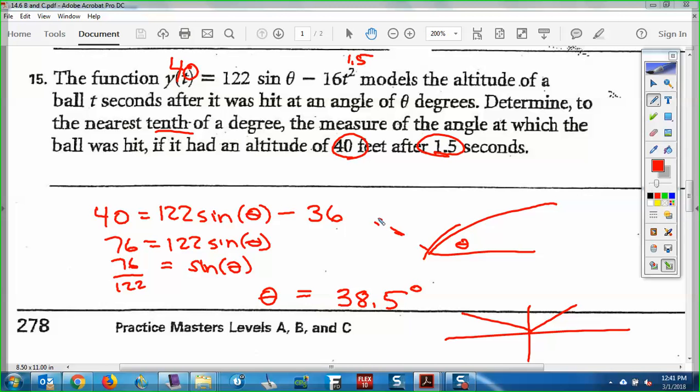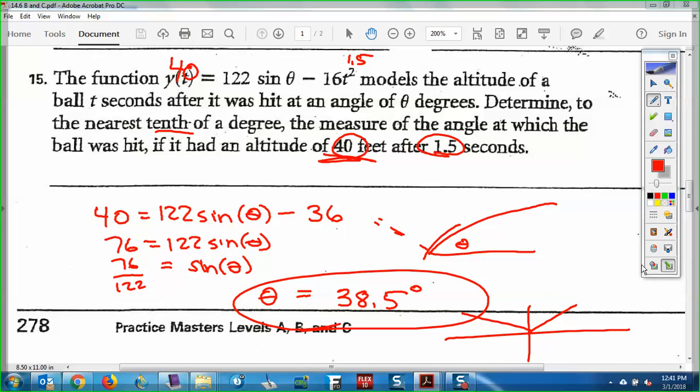Bonus points if you put that in there. But it says 40 degrees, 1.5 seconds, so we would just look for that answer, 38.5 would be the only answer. Makes sense.